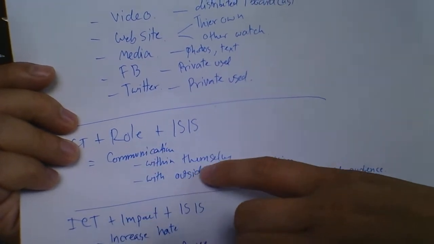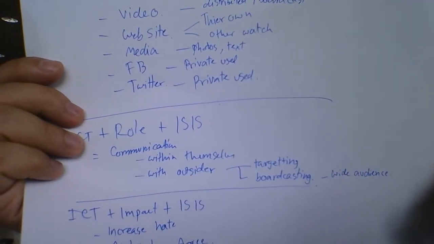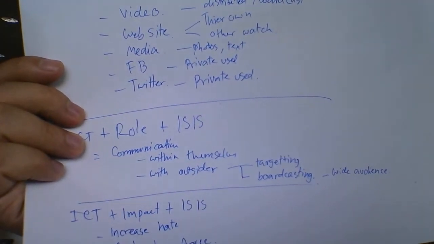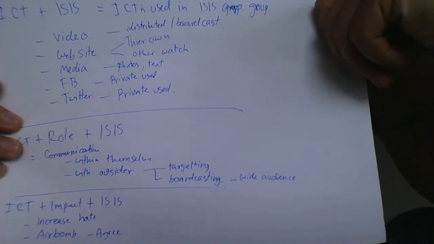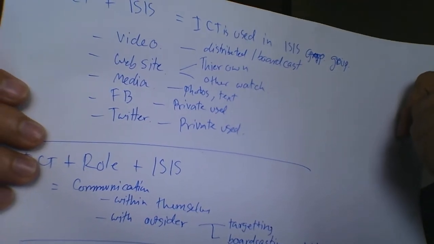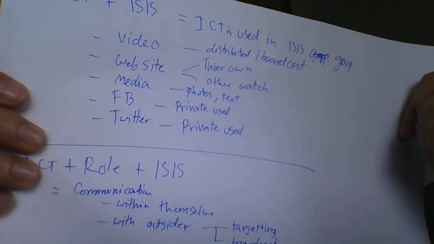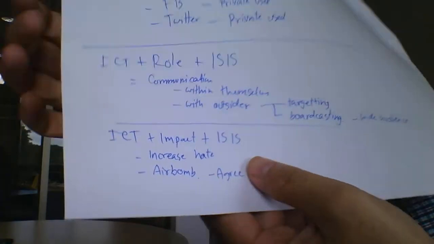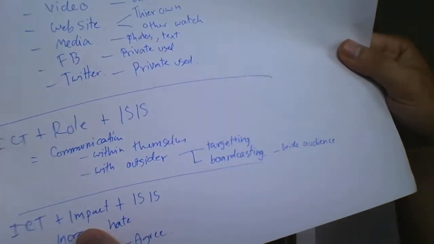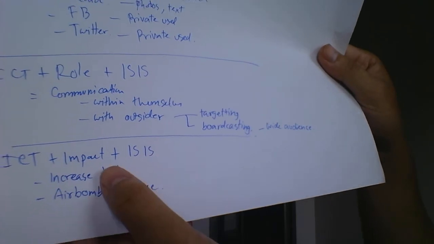So this has been implemented. We can see this from the news, from the evidence, that they have used this ICT. Of course, maybe they use more than this, we don't know. And the next one is impact. I hope you can see.